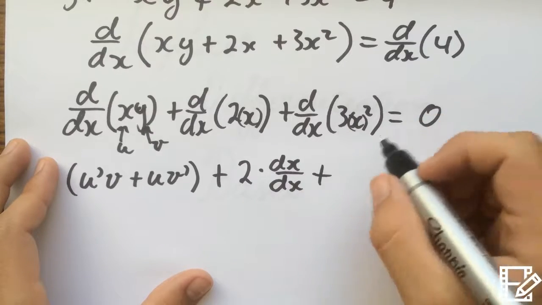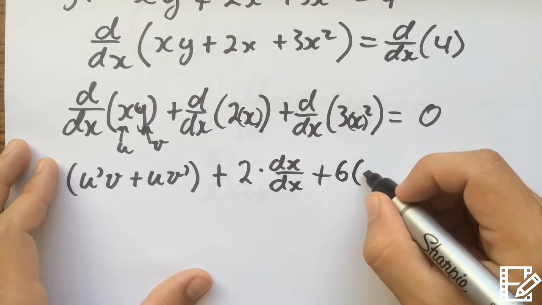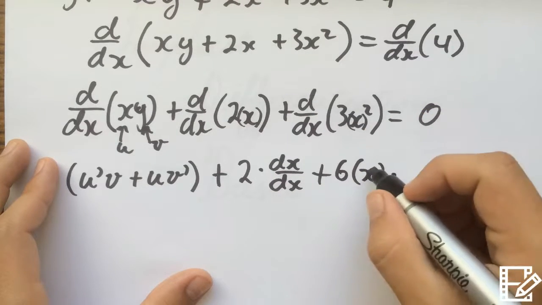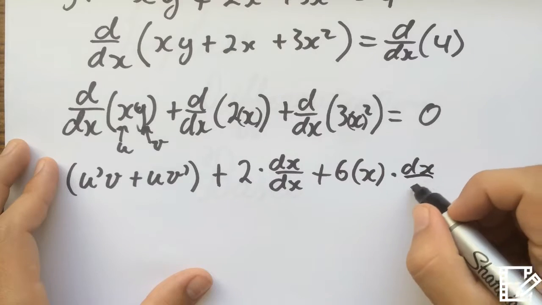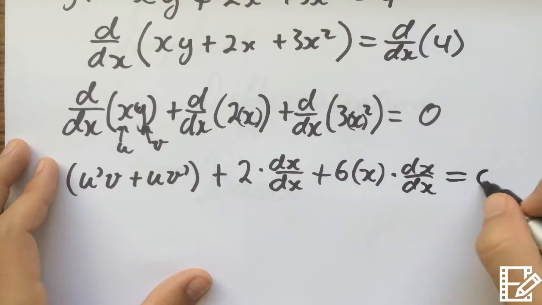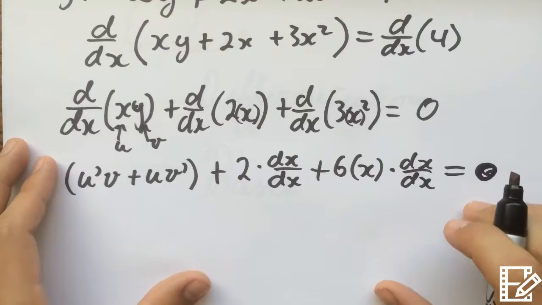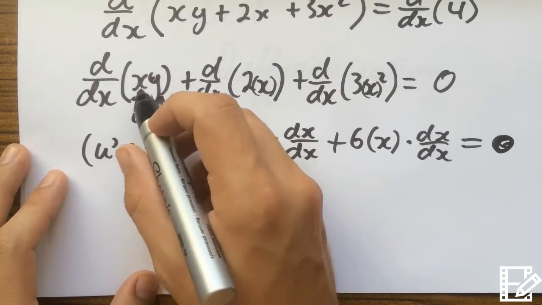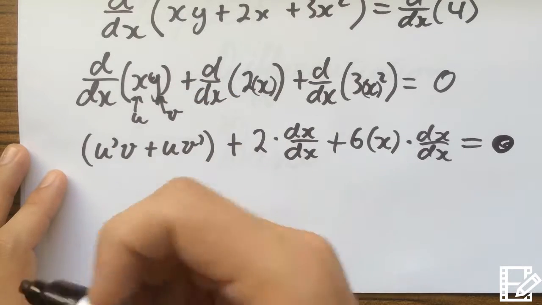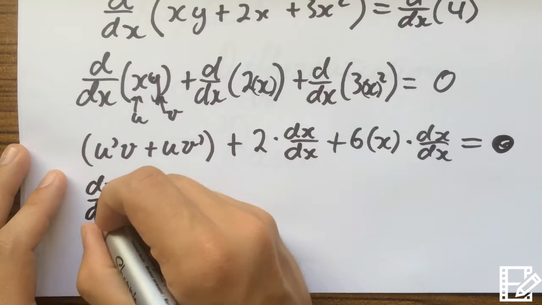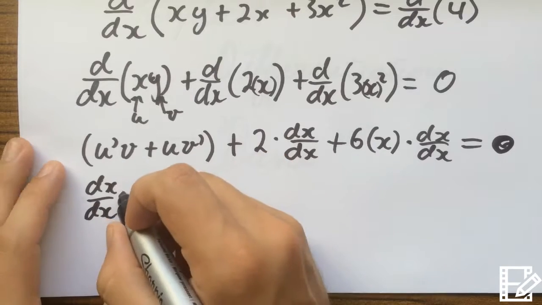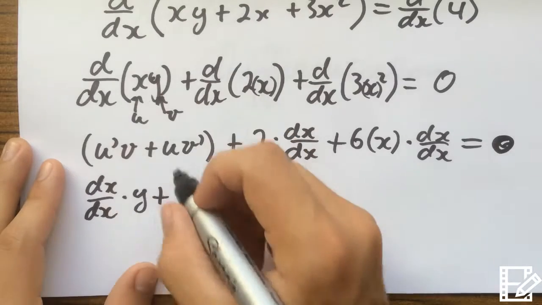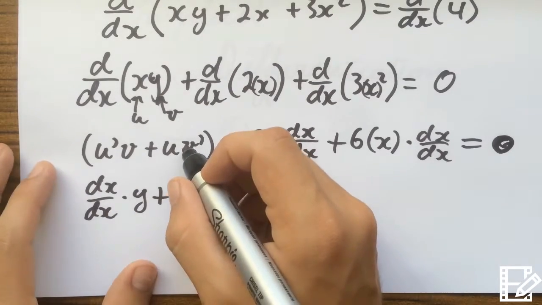Bring the 2 down, multiply it onto the 3, you get 6x, because you take 1 off the power, the x stays, but then you multiply by the derivative of the inside. You multiply by the derivative of x with respect to x. And all of that equals 0. Okay, back to here. u is x, so u dash, the derivative of x with respect to x, multiplied by v, which is y, plus u, which is x, multiplied by the derivative of v.